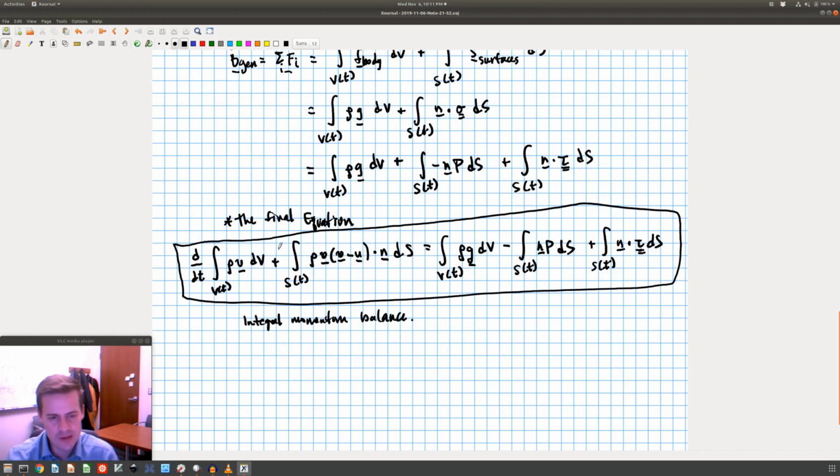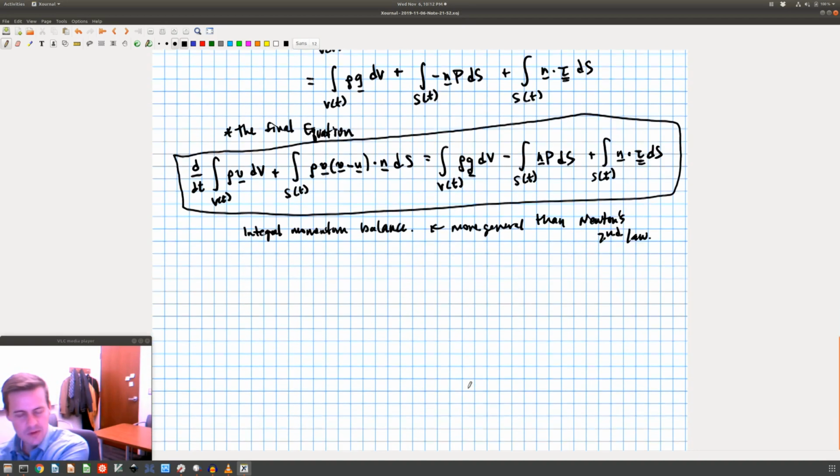I can have velocities that move across the boundaries, and the control volume can move. It's more general than Newton's second law. Okay, so that's section 1.